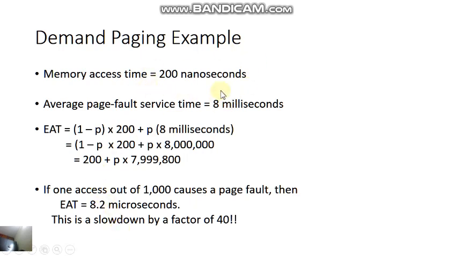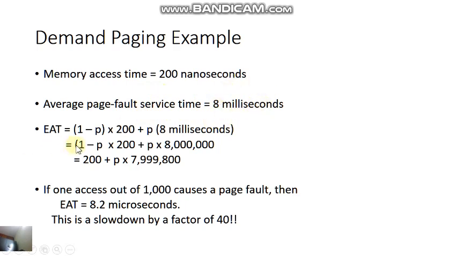Let us take a small example where the memory access time is 200 nanoseconds and the average page fault service time is 8 milliseconds. That means to recover from a page fault, we require 8 milliseconds to perform all those 6 steps.